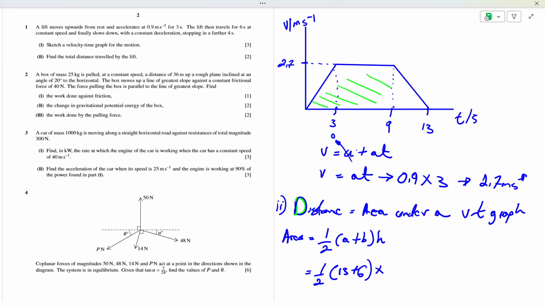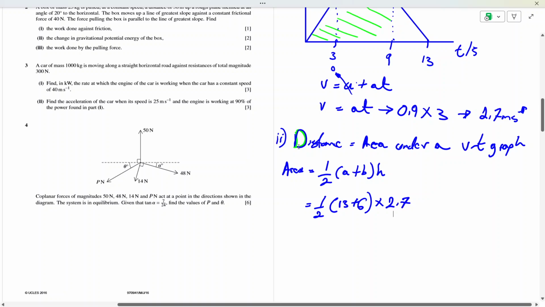And then multiply by the height. The height is going to be this height here, which is 2.7.